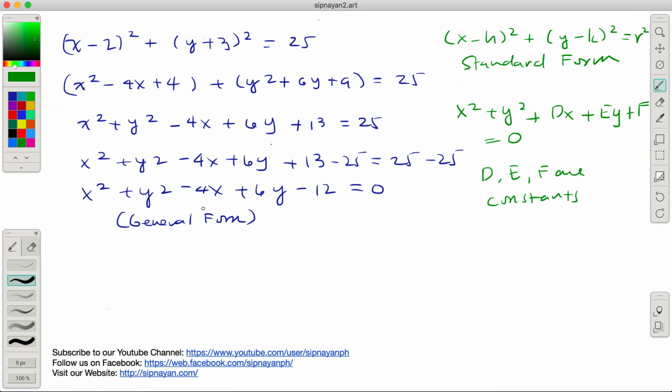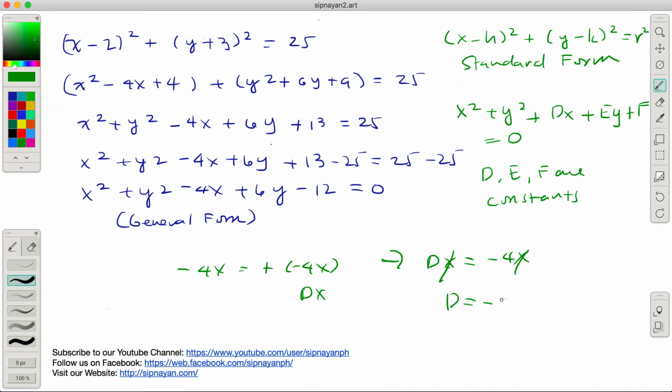So, for example, ano ba ang D natin dito? Yung D is yung term na may x. So, pag minus 4x ka, ibig sabihin that's equal to plus negative 4x. Ito yung D natin. Ito yung Dx. So, Dx equals negative 4x. We can divide both sides by x, maka-cancel yan.